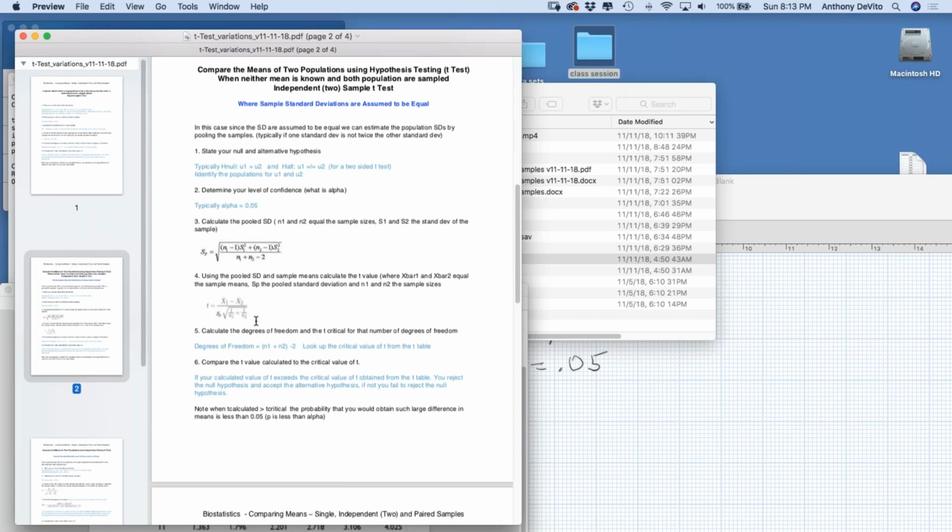Now our standard error becomes a more complicated calculation. It's our pooled standard deviation times the square root of 1 over the sample size of group 1 plus 1 over the sample size of group 2. Whoa, that's a bit complicated. It's nice that we can use SPSS for these calculations instead of Excel or a calculator, because it's complicated.